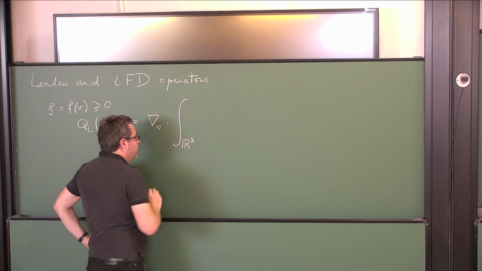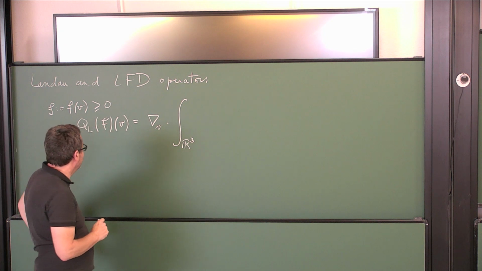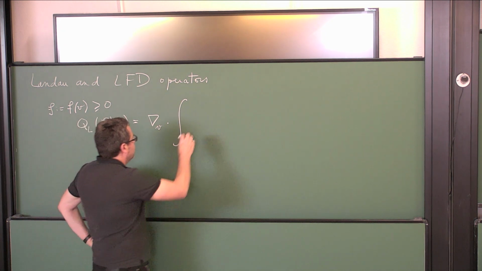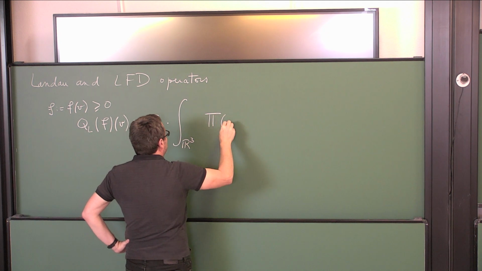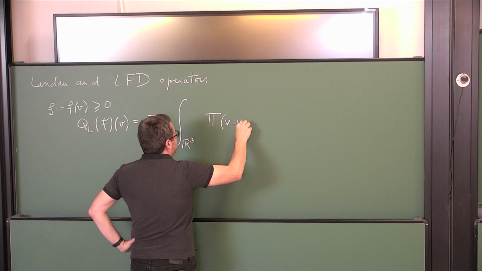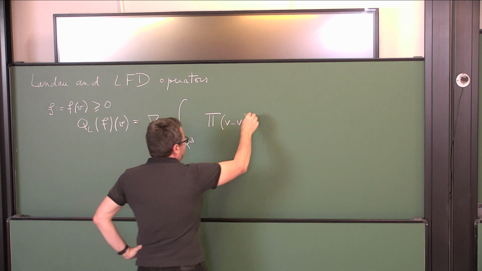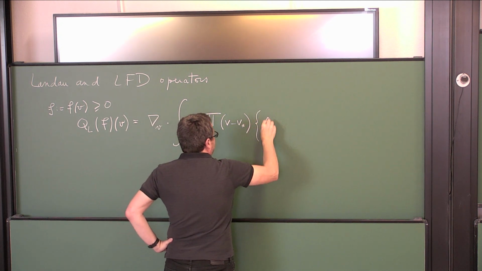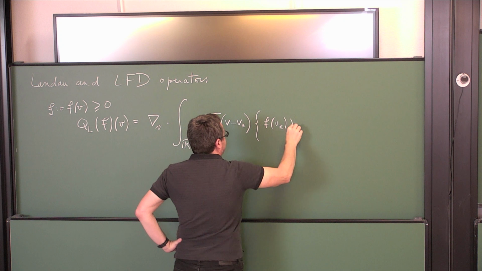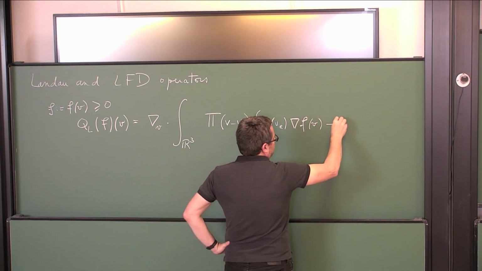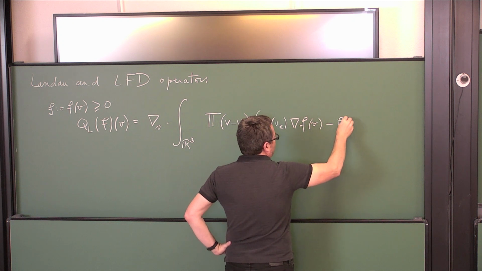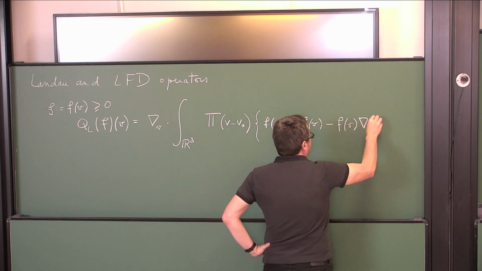So let's say we are, and we will still be for the rest of the talk, in dimension 3. And here you put this quantity that I will call pi of v minus v star. And then you have f of v star gradient f of v minus f of v gradient f of v star.